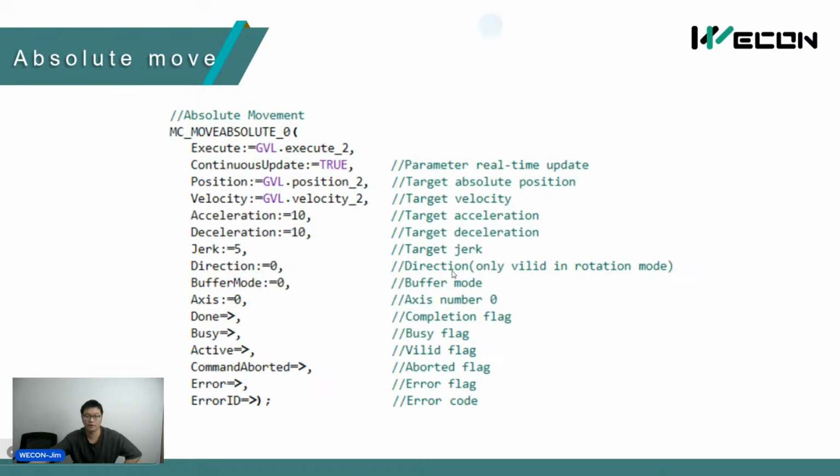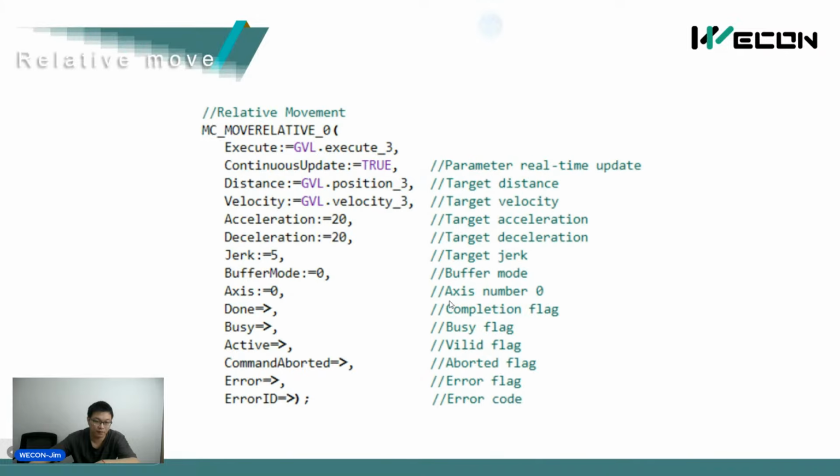Direction only takes effect in rotation mode. In linear mode, we don't need to set this parameter. And the buffer mode, axis ID, some output parameters. These two, absolute move and relative move, are very similar.